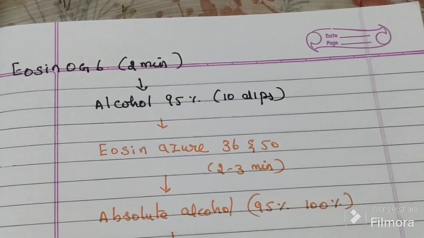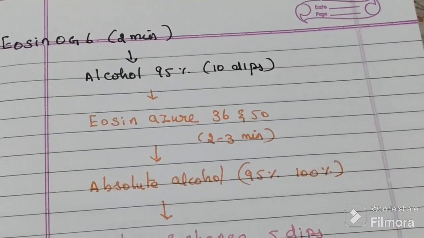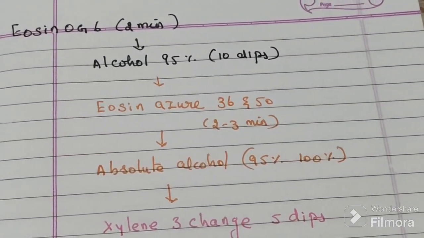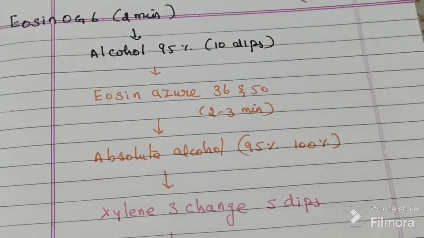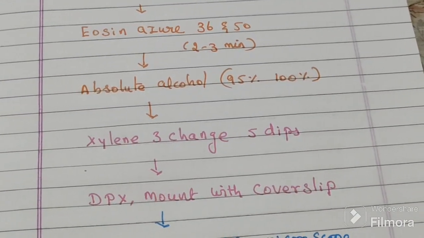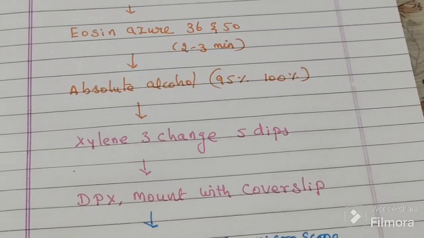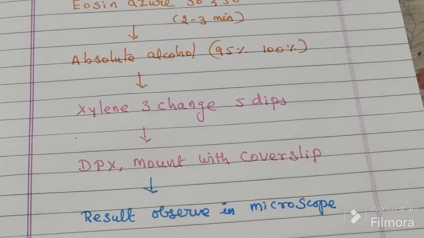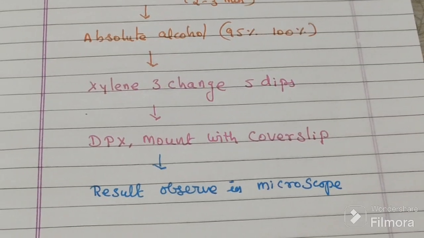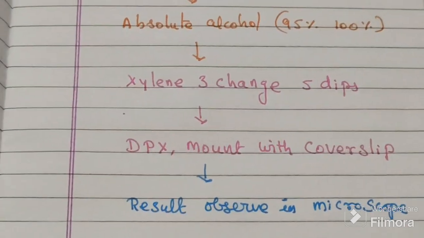Then alcohol 95%, 10 tips. Then using azure 36 and 50 for 2 to 3 minutes. Then absolute alcohol. Then xylene, 3 changes, 5 tips. Then TPX mount with cover slip. We want to observe the result under the microscope.